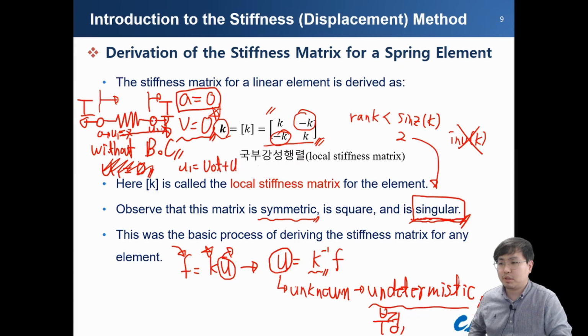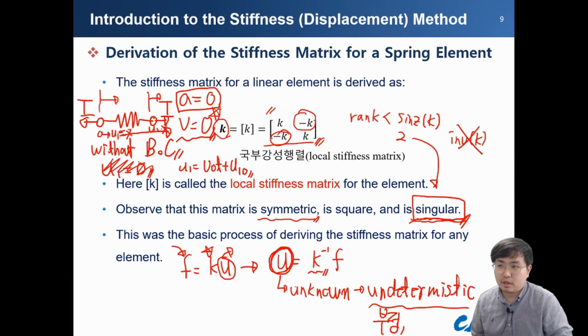So without boundary conditions, the displacement can always have an infinite set of solutions. That means that to obtain the indeterminate solution, the local stiffness matrix must be a singular matrix.